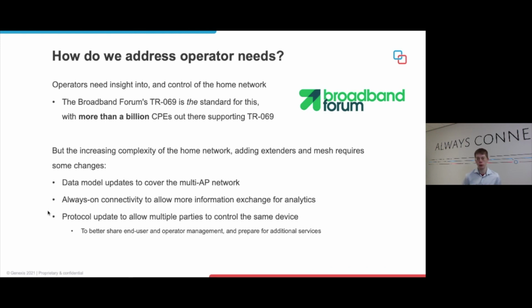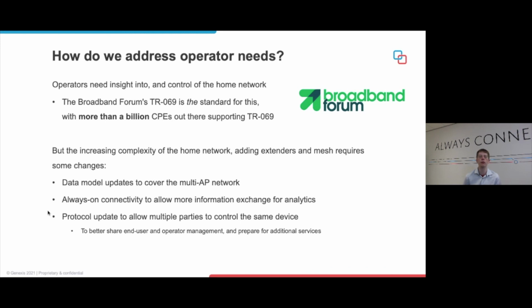Also, we need always-on connectivity. So TR69 is originally designed to be an on-demand connectivity or periodic connectivity, where the CPE every few hours or whenever contacts the ACS to exchange information. But with Wi-Fi, we want to be able to continuously gather information on Wi-Fi, how it's performing, to be able to proactively troubleshoot and so on.